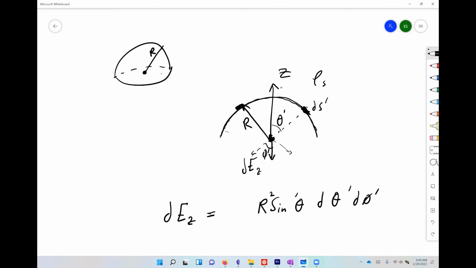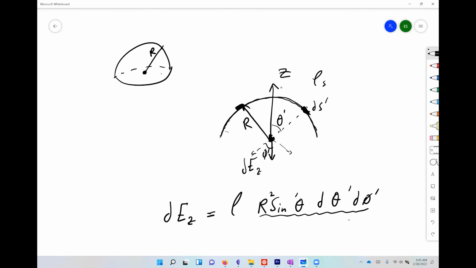If I go back to the notes on coordinate system transformations, the surface element for spherical coordinates in the r direction is r squared sine theta d theta d phi. So this is the surface element.